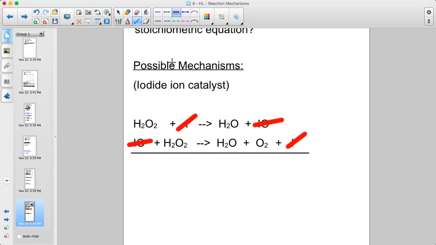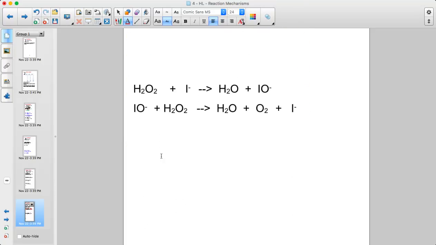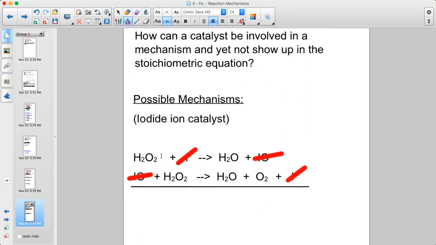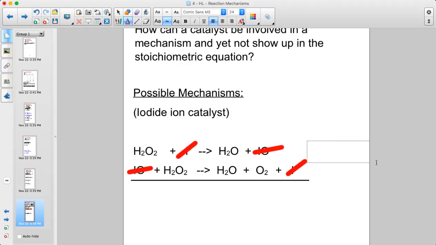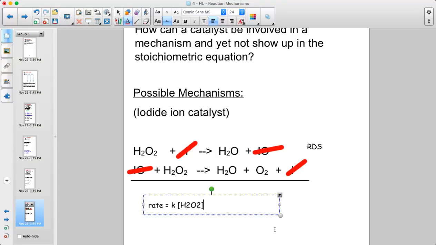Now, if you want to know what's the rate equation from this, well, it depends on what the rate determining step is. If we say that the first step is the rate determining step, then we get a rate equation that only depends on that first step. So we'd say the rate equals k, H2O2, and I minus. Now, I minus is not an intermediate, right?